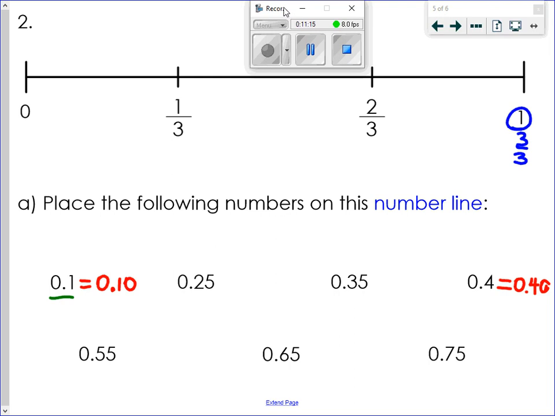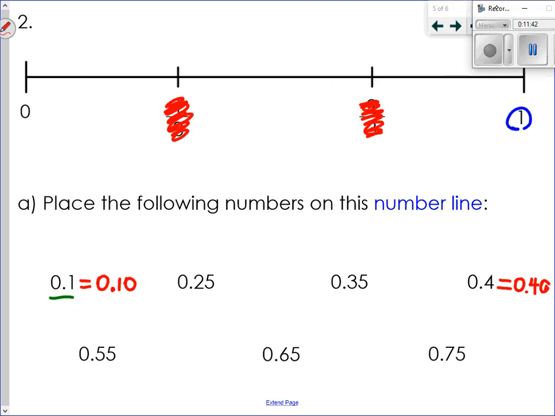Instead of thinking of this in thirds and 3 equal groups, I'm going to think of this in hundredths. So I'm going to just ignore the 1/3 and 2/3 because that's not terribly helpful. Then I know right in the middle between 0 and 1 would be halfway.